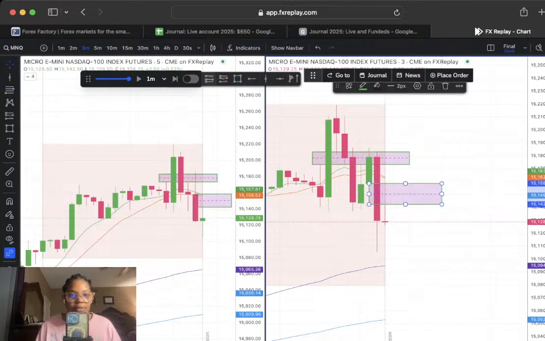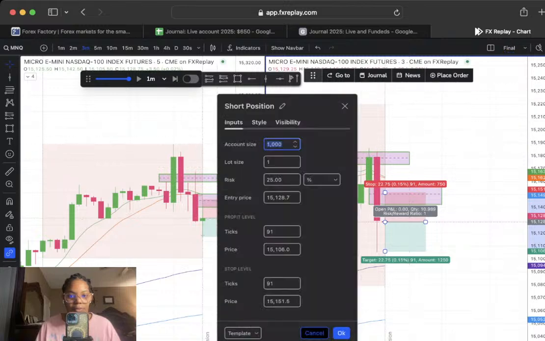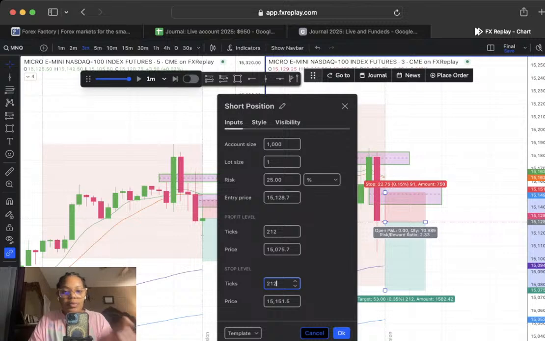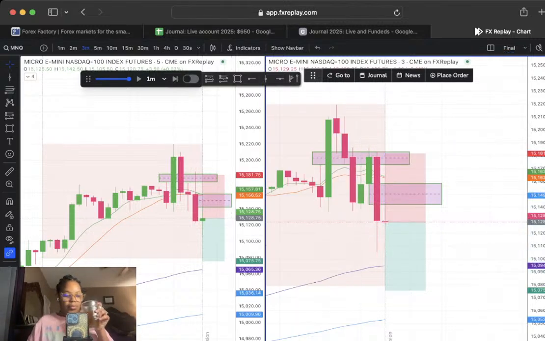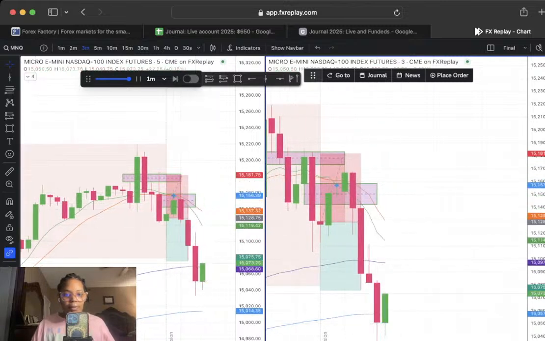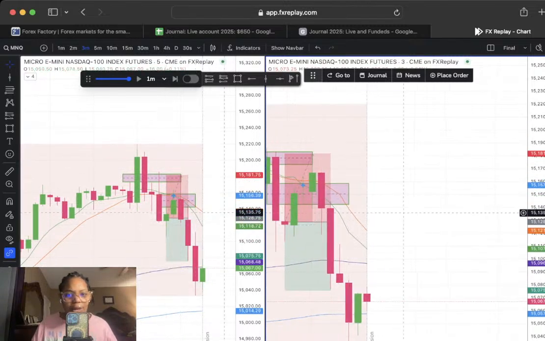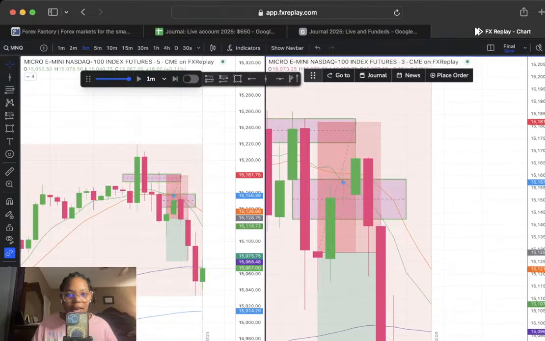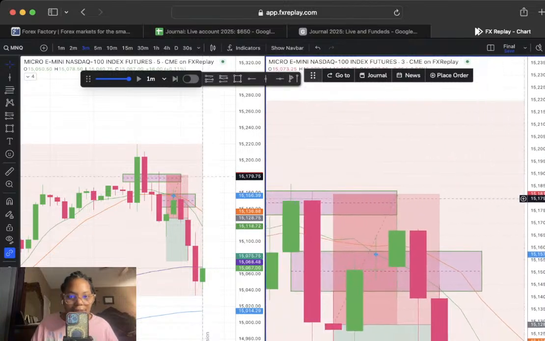But for backtesting purposes, let's see. Boom, played out. Oh wait, we got stopped out for it to go our way by like a tick.